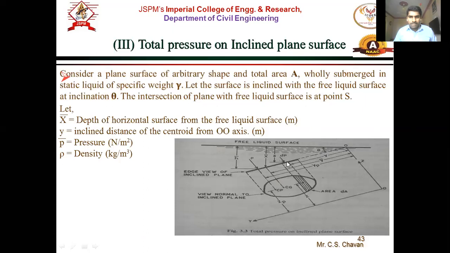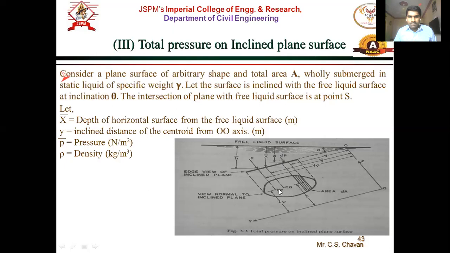So a small strip of width b and thickness delta h or delta x is considered. Now this strip is at depth x, the centroid, that is the CG of this particular surface, is at depth x bar.